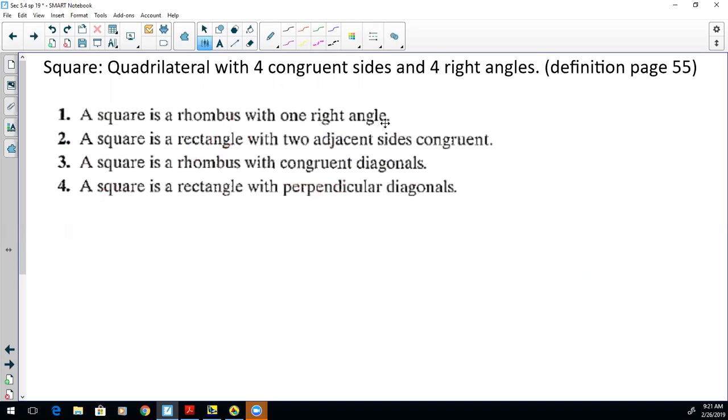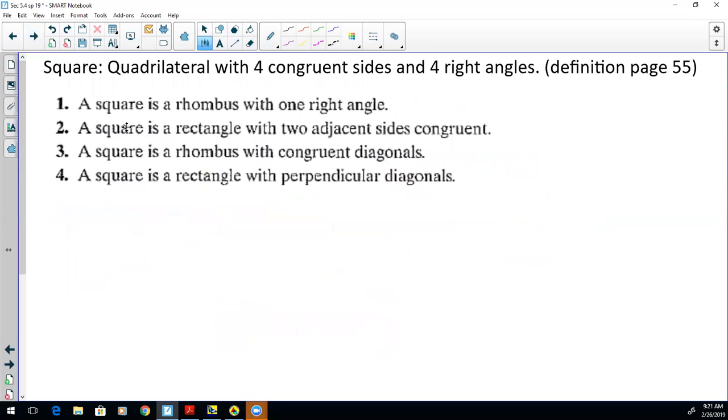A rhombus with 1 right angle, well, that forces all, because a rhombus is a parallelogram, if it's got 1 right angle, it forces all of them to be right angles. Okay, so I'm not going to prove those. Those are all given in the little exercises in the text, but they're just little 1 or 2 step proofs.